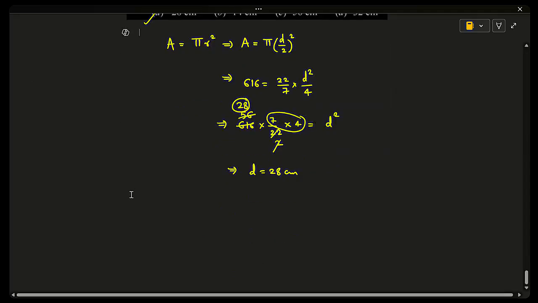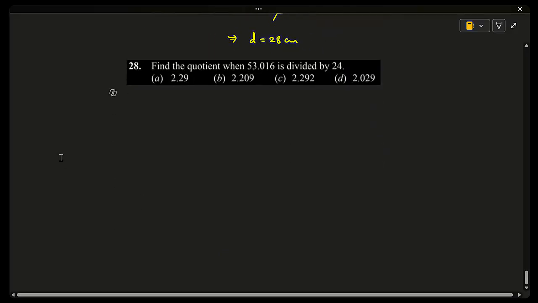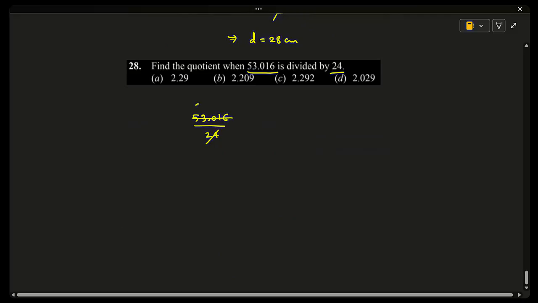28th one. Find the quotient when this decimal is divided by 24. That means 53.016 we have to divide by 24 to get the answer. So let's do the direct division by 24. 24 2s are 48.